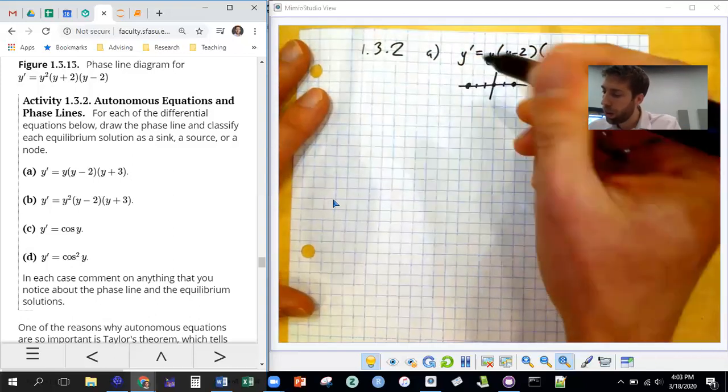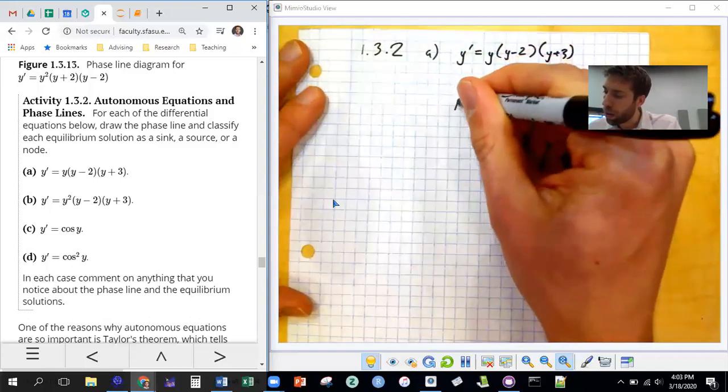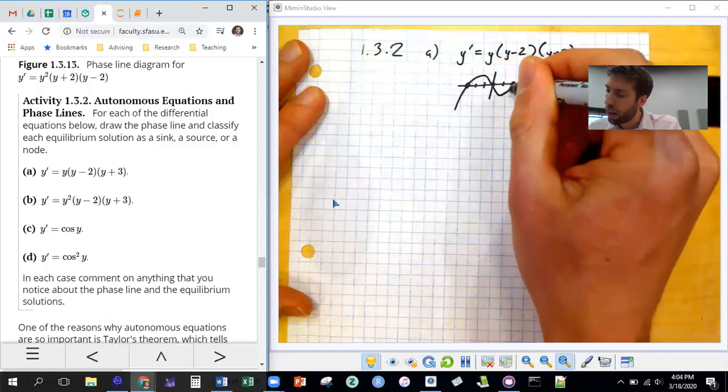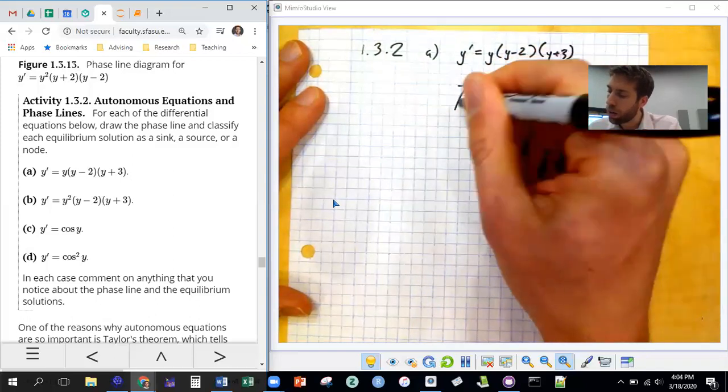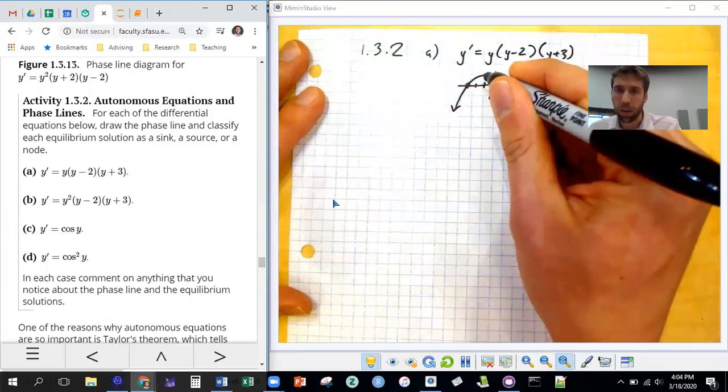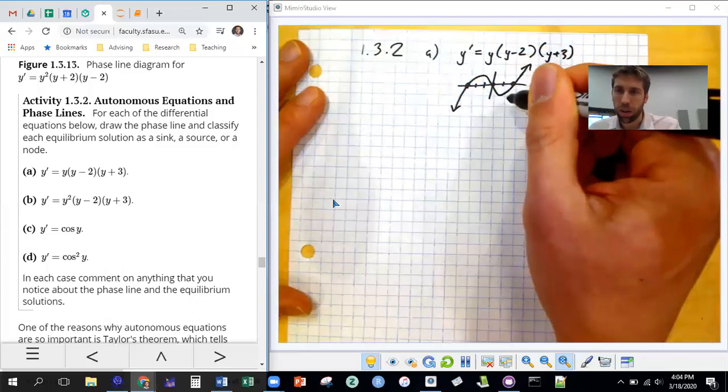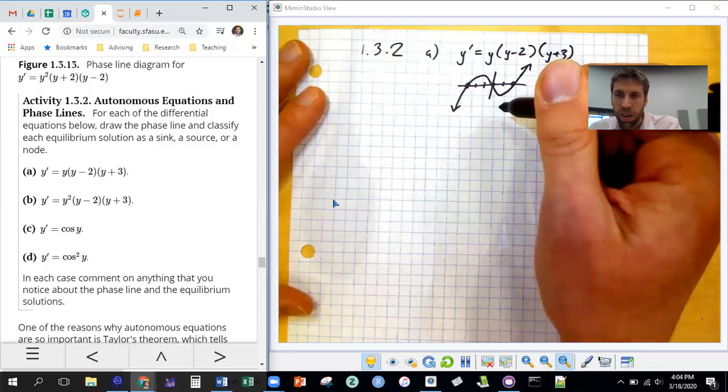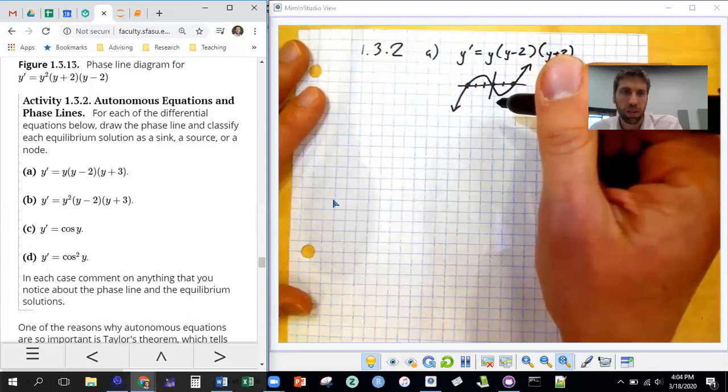And it's a cubic, so it goes like that and that and that. Okay? These probably are much higher or lower, but it doesn't matter. All that matters for making this phase line is to know when the graph is positive or negative.